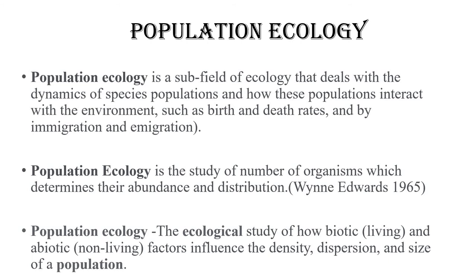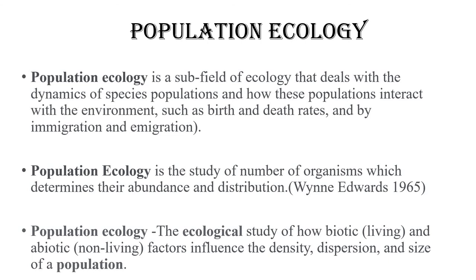So we'll first see the definition of population ecology, which is a subfield of ecology that deals with the dynamics of species population and how this population interacts with the environment.